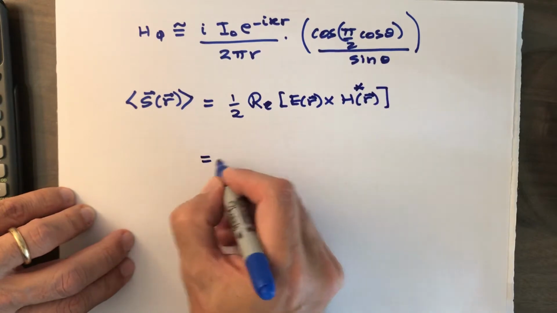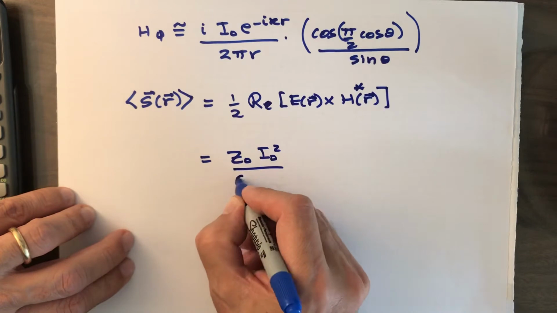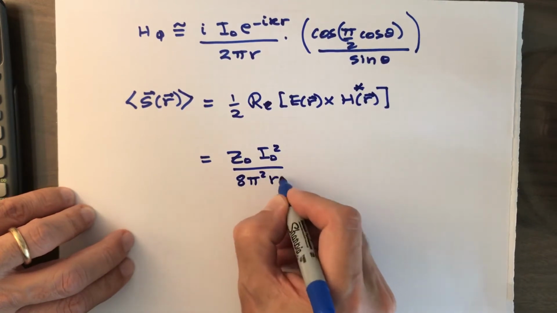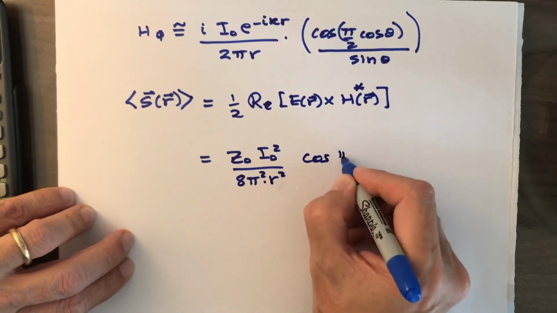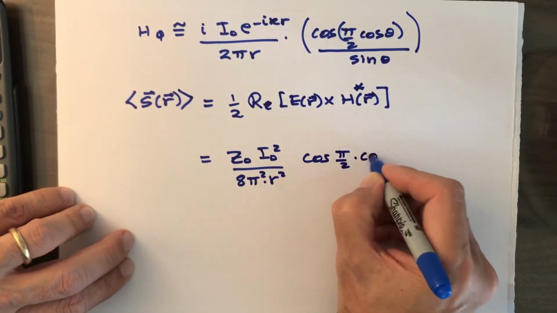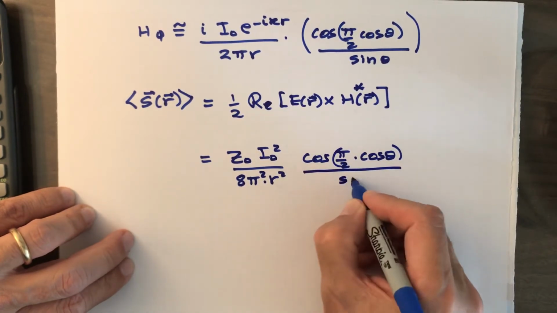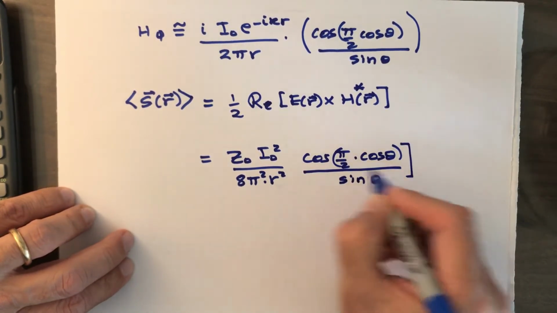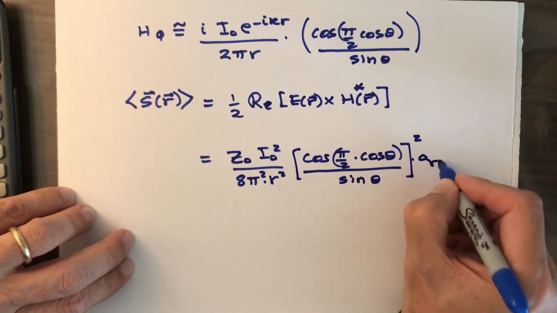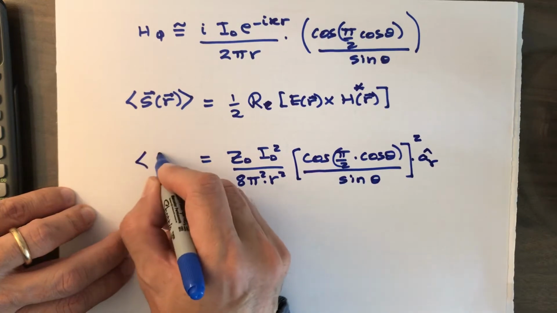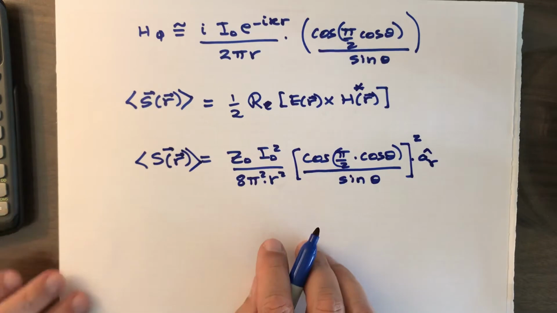And that equals Z naught I naught squared over 8 pi squared r squared times the cosine of (pi over 2 cosine theta) divided by sine theta, that entire quantity squared, times the unit vector in the r direction. And that's the Poynting vector average.